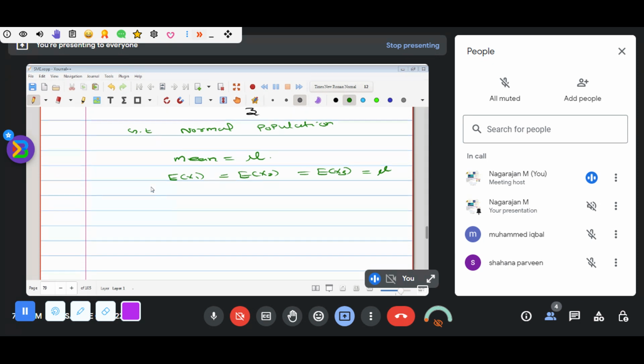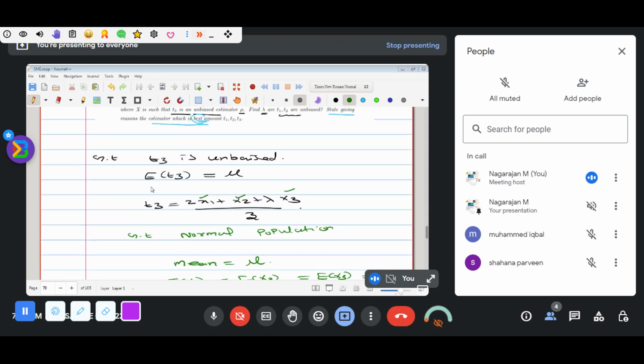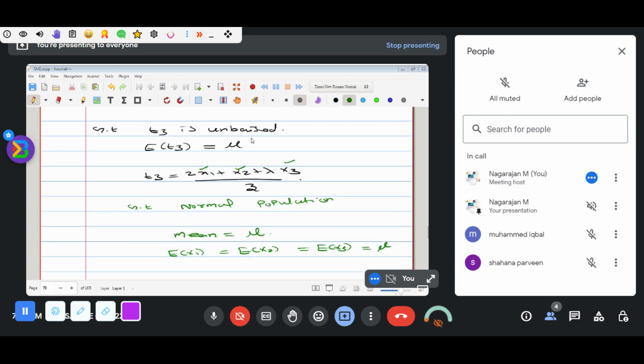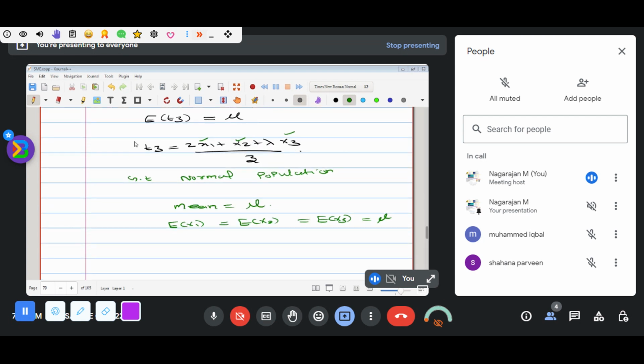Now we want to find the lambda value. Therefore, using T3, taking this as equation number 1, you want to take E of T3. Both sides taking expected value.